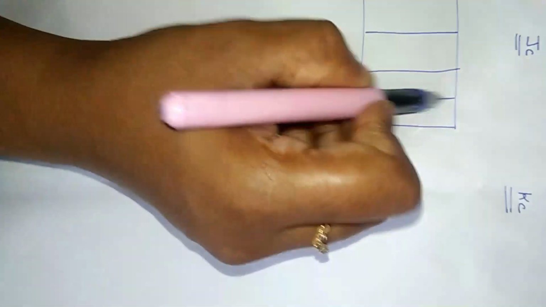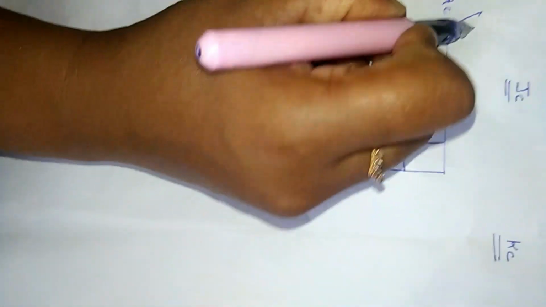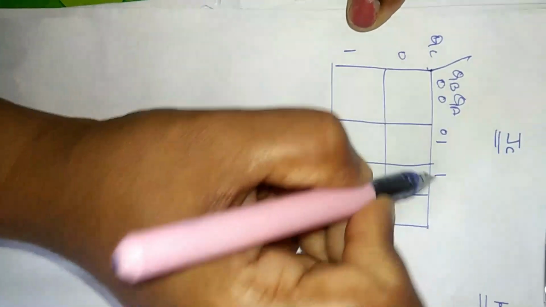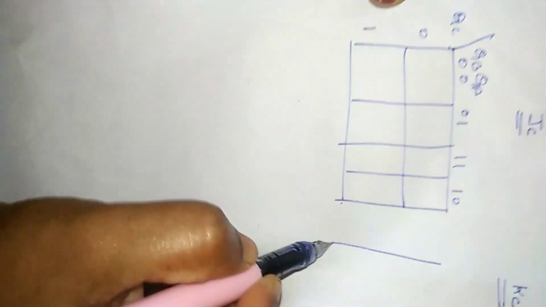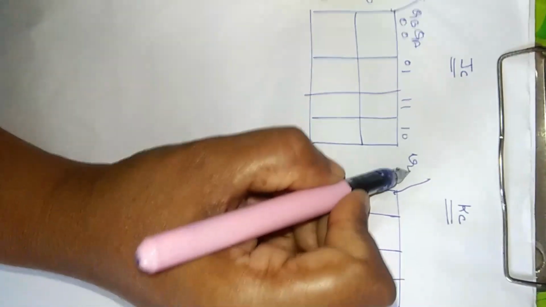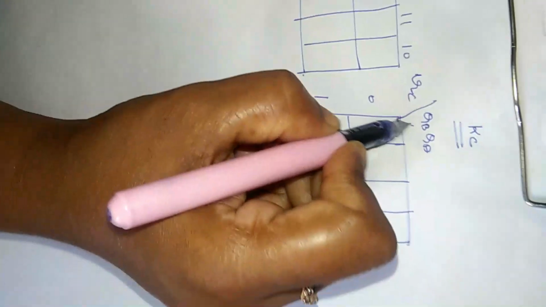Since we have 3 inputs, it is something like this. Let me represent the K-map cells for you all, and similarly for KC you have the cells like this.